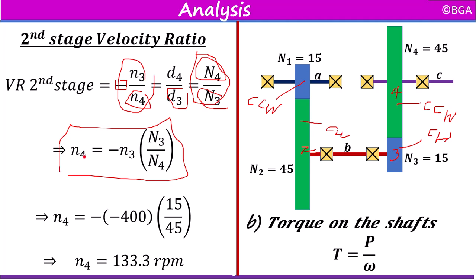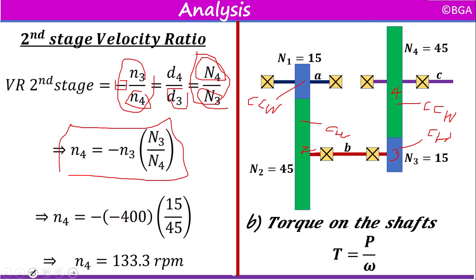The speed of gear 4 is equal to the negative of the speed of gear 3 multiplied by the ratio of the number of teeth of the driver gear to the number of teeth of the driven gear. N3 is already known, it is 400, so you substitute 400, but N3 is negative, so that's why I put the negative sign here.